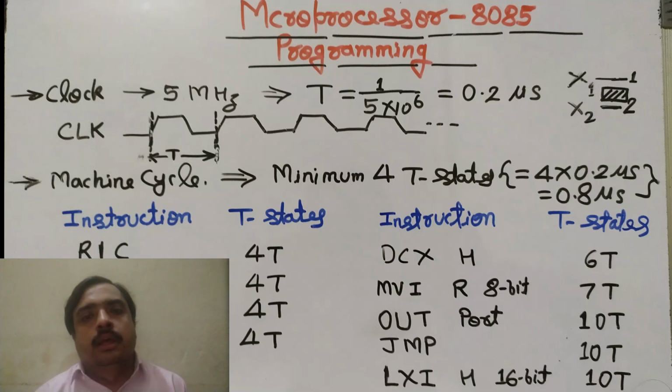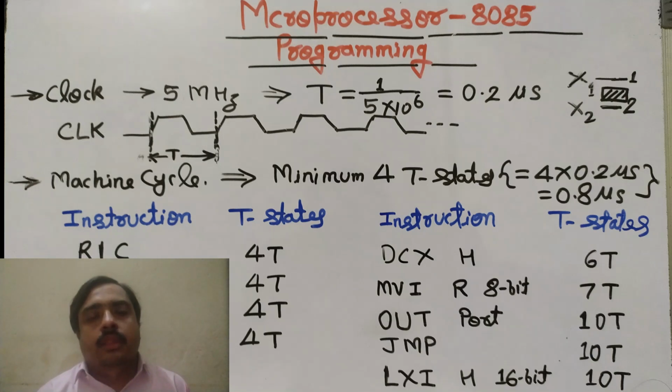You have learned the data transfer instructions, MOV, etc., and logical instructions such as ADD, ANA, ORA, etc., and many types of instructions. But not all instructions consume 4 T states. There are subcategories. Let us learn one by one.